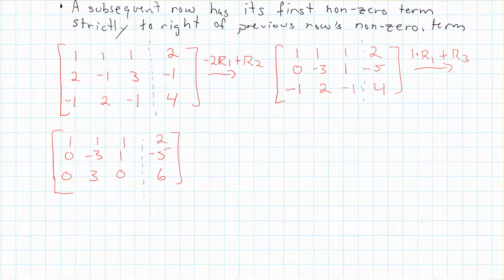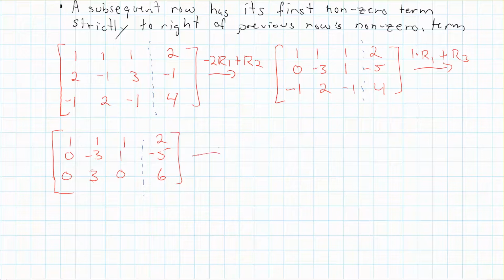Actually, I'll just leave it like this for now, because I want to then get this second row. I'm going to want a 1 here eventually, but for now, I'm going to just notice that if I add these two rows together, this 3 is going to disappear.